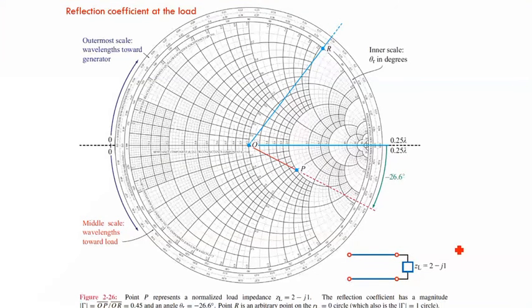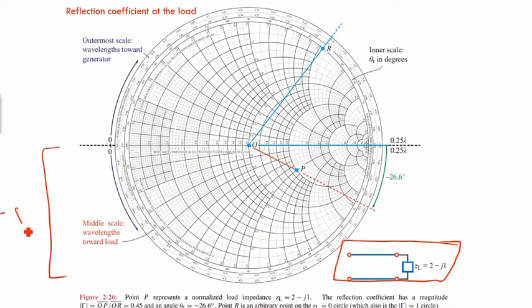If we see that we have a load connected here, and ZL is equal to 2 minus j1, 2 minus j1. So minus j is this portion, and this is the region of plus j over here. If you can see, the real part is 2, and then minus jx, and this x is 1.